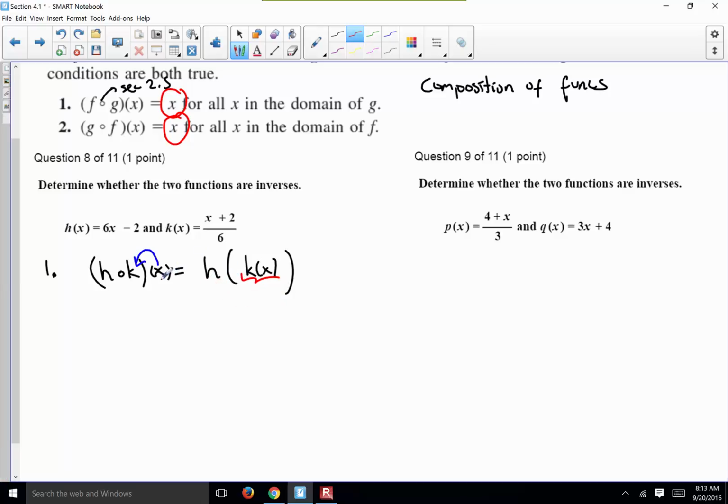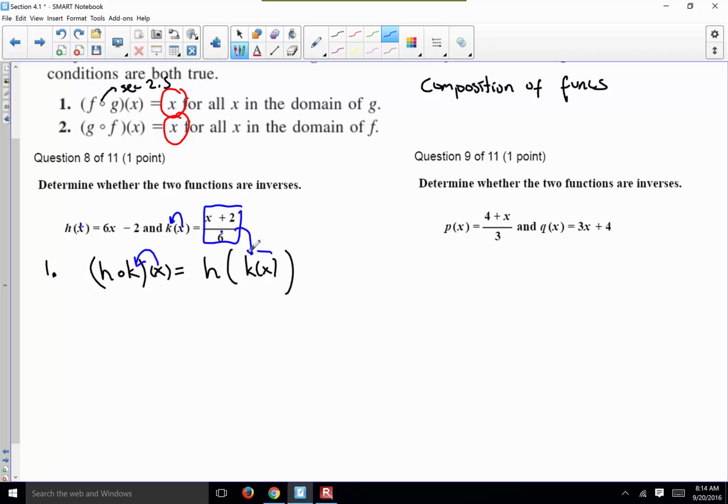So again, there are two combinations of machines here. The product X is sent into machine K. K is going to process it and then give some new material, and that new material will be sent to H. Okay? So let's process X in K, and they say what K does to X. If X is sent to K, X is turned into X plus 2 over 6.